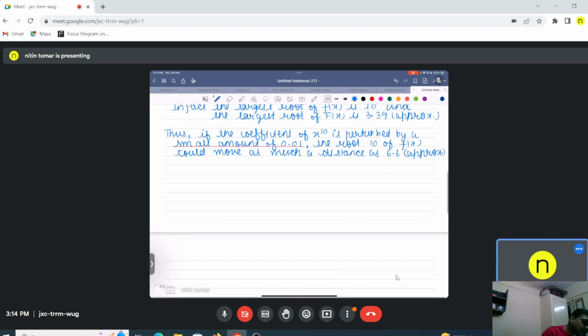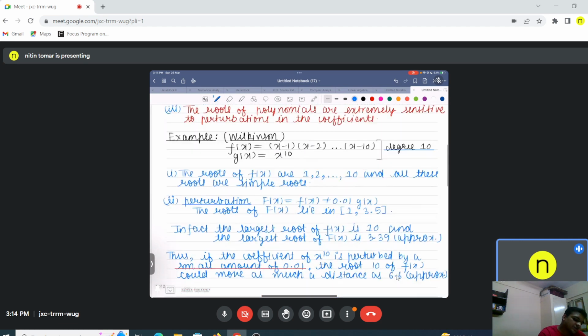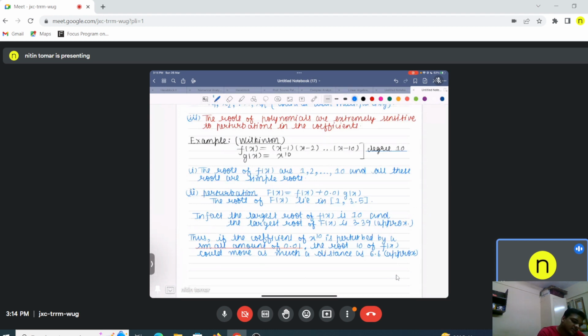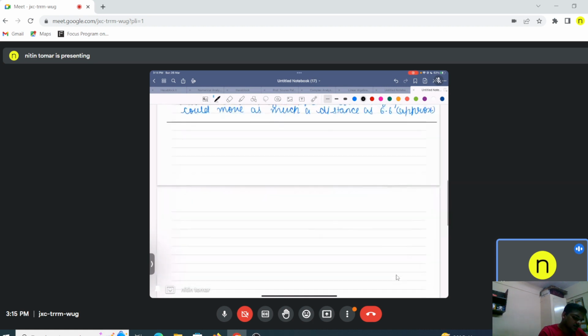So hence the roots of polynomials are extremely sensitive to any perturbation. You just cannot make any perturbation and expect that you still will be in the vicinity of the roots of the polynomial. So this example shows that.